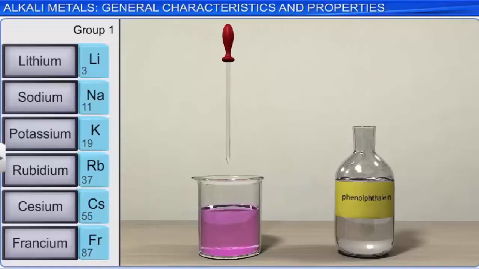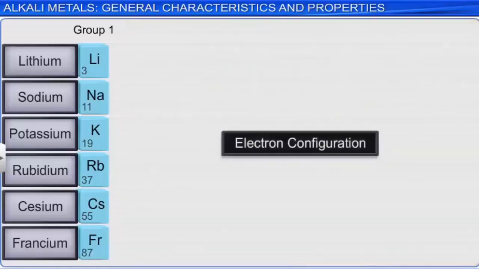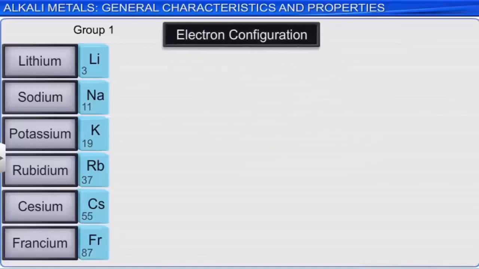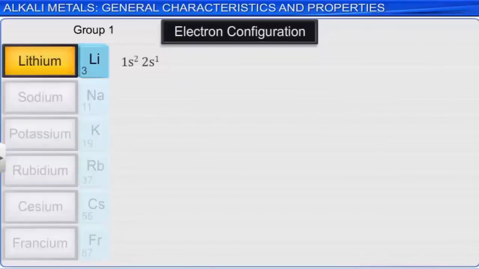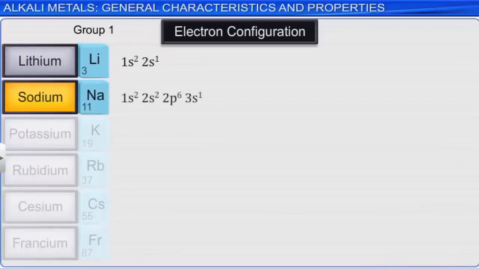Before we move on, let's review the electron configurations of the alkali metals. Lithium, with only 3 electrons, has a configuration of 1s2, 2s1. Sodium, with 11 electrons, has an electron configuration of 1s2, 2s2, 2p6, 3s1.